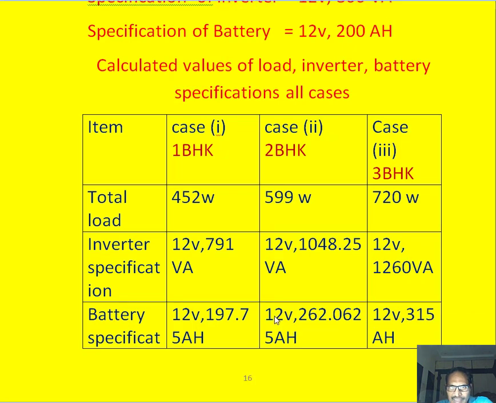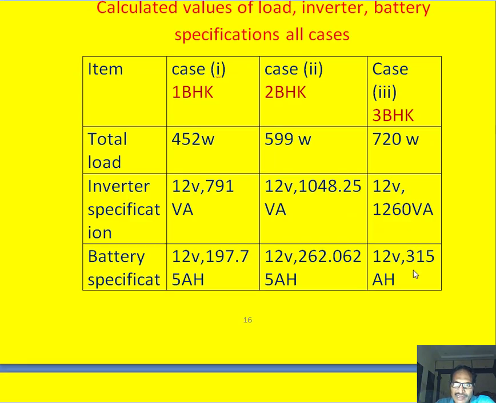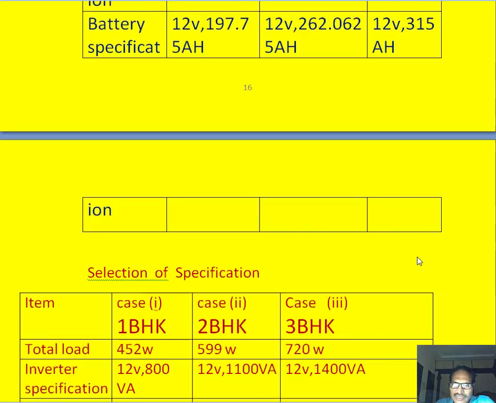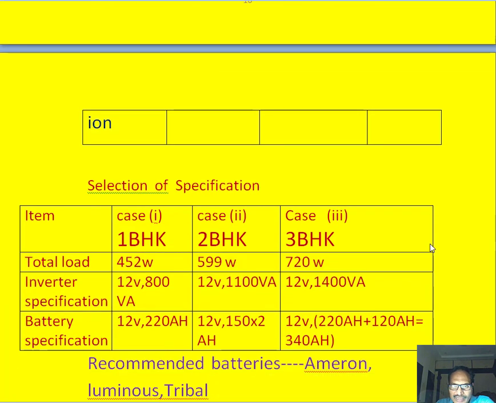Coming to the battery calculations, we get 12 volts 262.0625 ampere hours. For 3 BHK we find 12 volts 315 Ah. But these are the calculated values for the inverter and the battery, and we have to select the right inverter and right battery rating in the market.